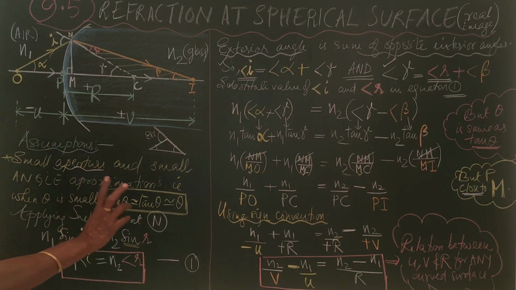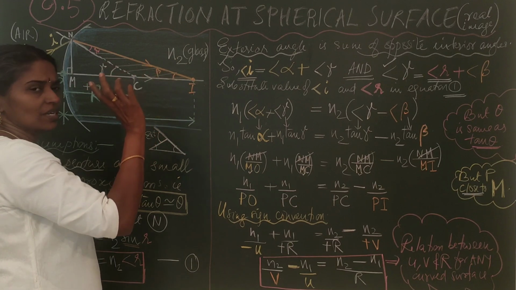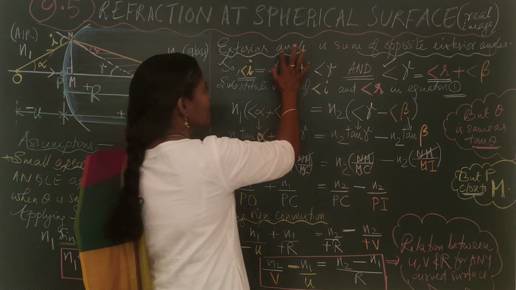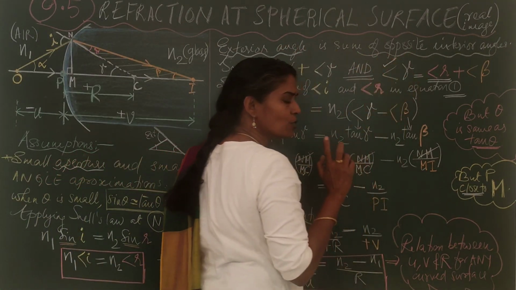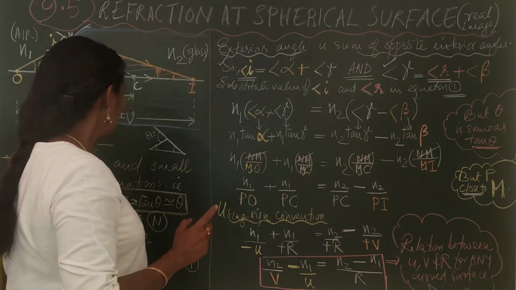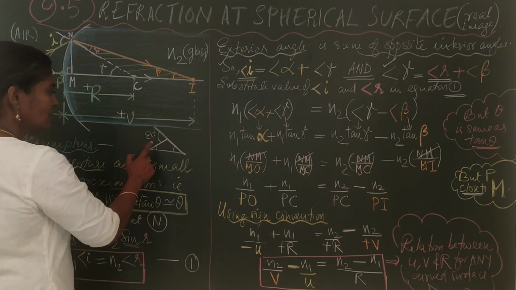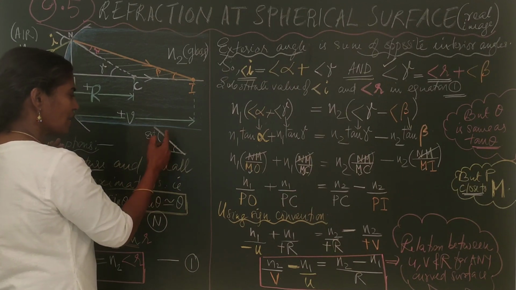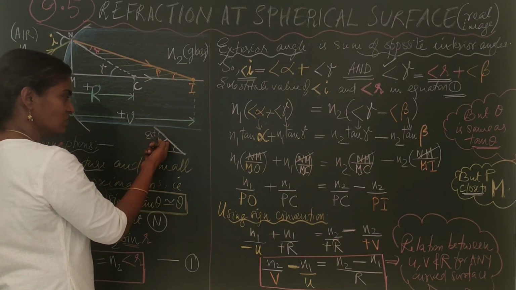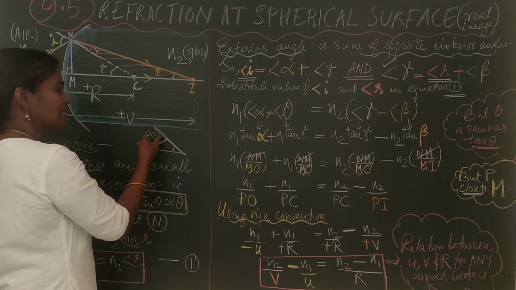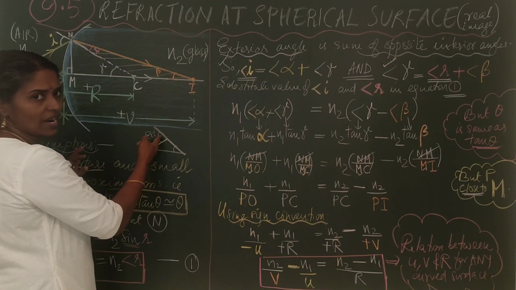Now again you have this information: the exterior angle is the sum of the opposite interior angles. Suppose you have a triangle like this. These two are interior angles and the third angle is this one. Opposite to that third angle, you call it the exterior angle.